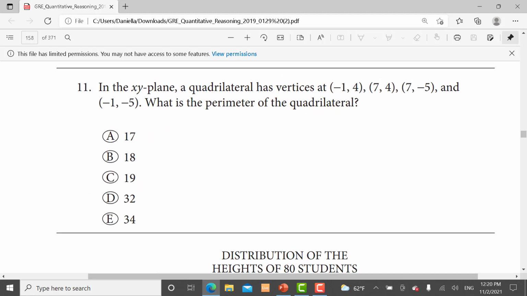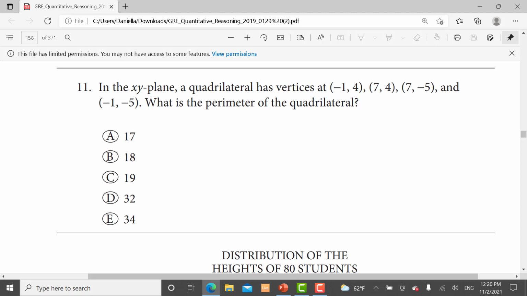In the XY plane, a quadrilateral has vertices at (-1, 4), (7, 4), (7, -5), and (-1, -5). What is the perimeter of the quadrilateral?